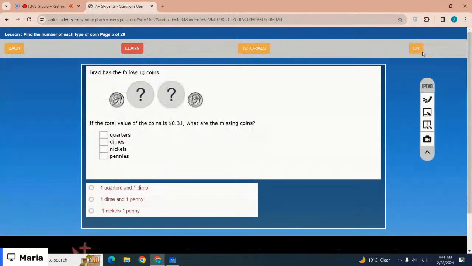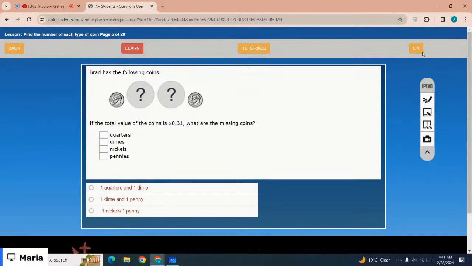Brad has the following coins. You can contact administrator, whatever problem you have. Brad has the following coins. If the total value of the coins is 0.31 cents, what are the missing coins?